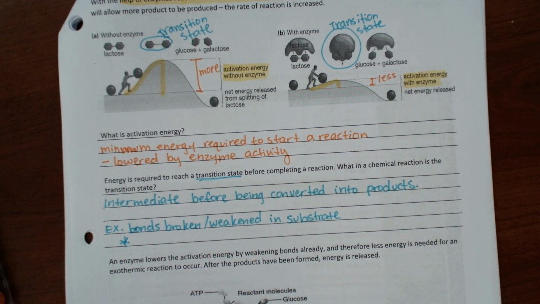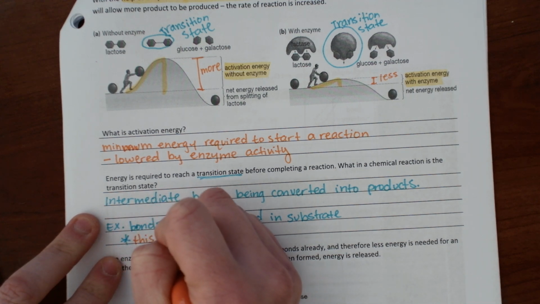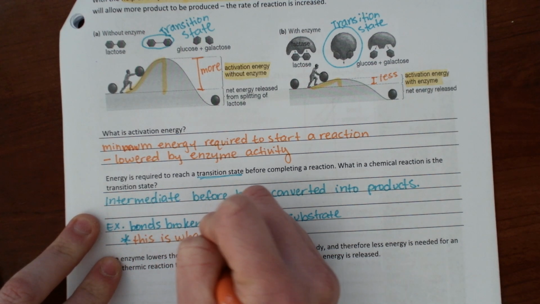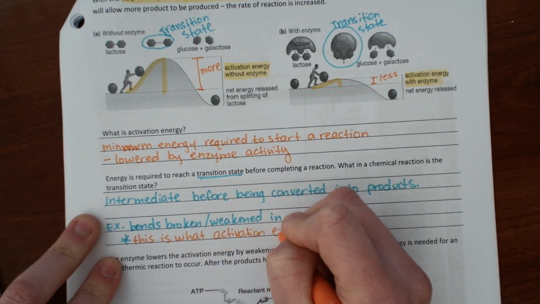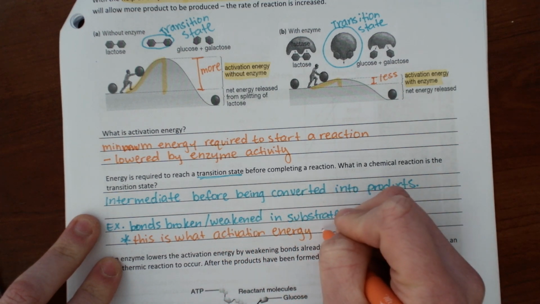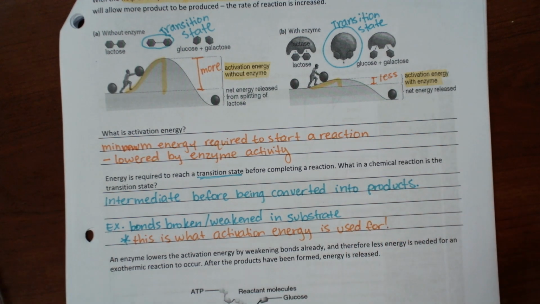I guess I'll write that in orange, that way it matches all the other activation energy stuff. This is what activation energy is used for: converting your substrate to its transition state.